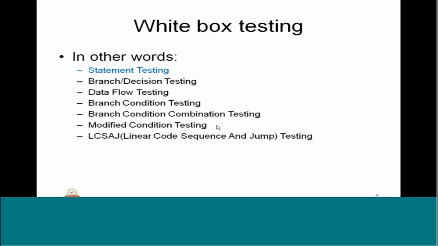The last one is the linear code sequence and jump technique. In this, select test cases based on jump-free sequence of code. That means some code, like interrupts and those things, run independently.